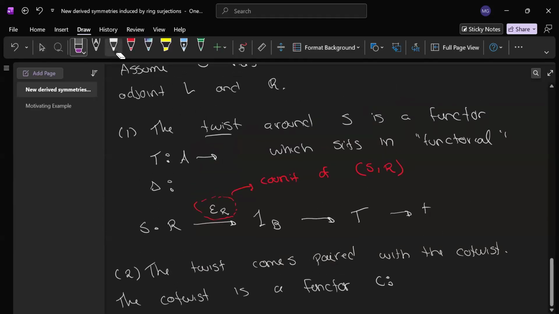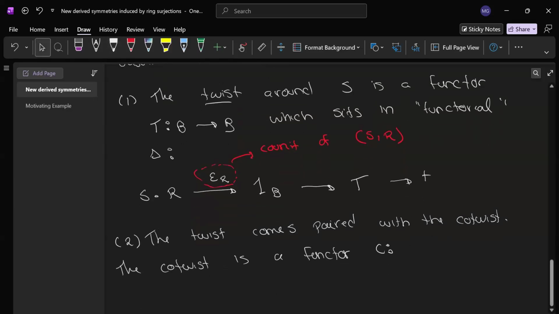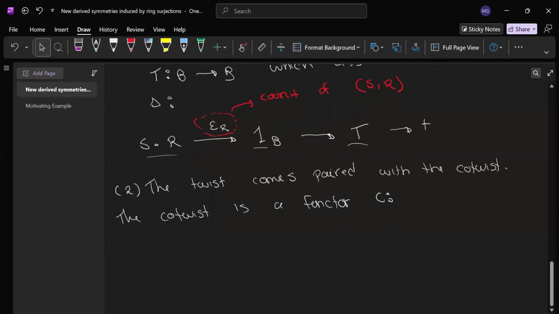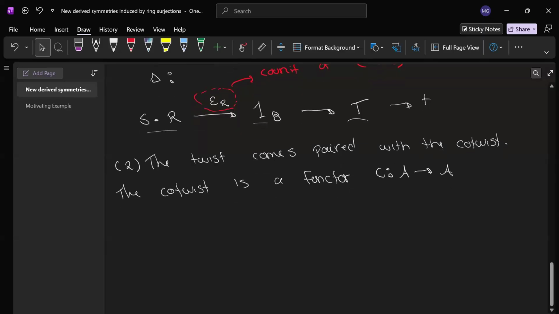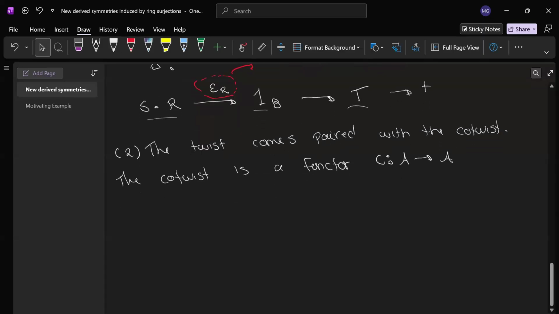The twist should be an endofunctor of B because we're taking a triangle of endofunctors of B here, right? So yes, the twist is an endofunctor of B, and the cotwist is going to be an endofunctor of A, which is the domain category of S. So the twist comes paired with the cotwist, which is the functor that sits in the functorial triangle.